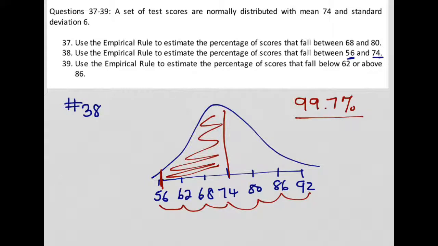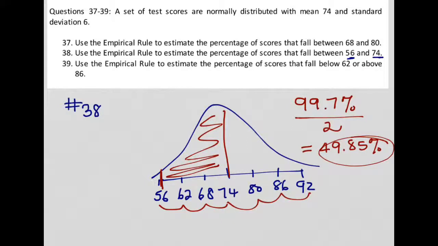So I'm going to take that 99.7, I'm going to divide it by 2, and this gives me 49.85%. And so that's the answer for 38. So we're taking the information we have, we're manipulating it a little bit.